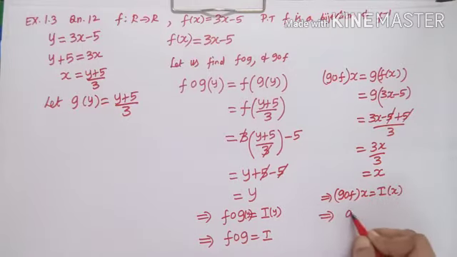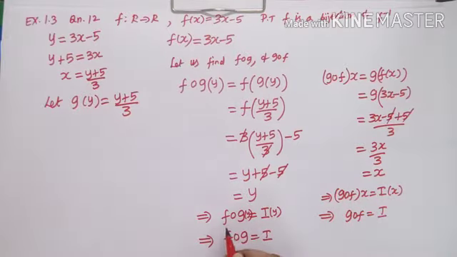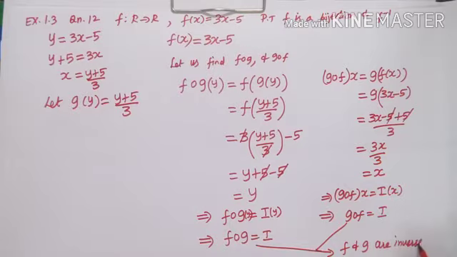So g composition f is also I. f composition g is also I. These two together tell me f and g are inverses of each other.